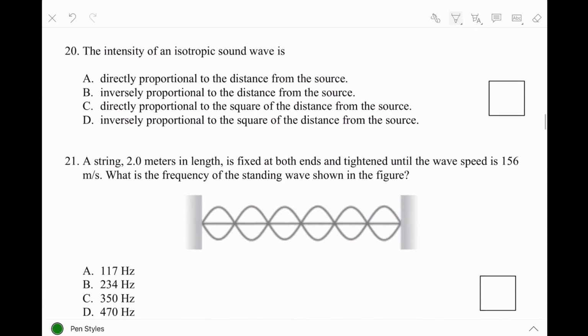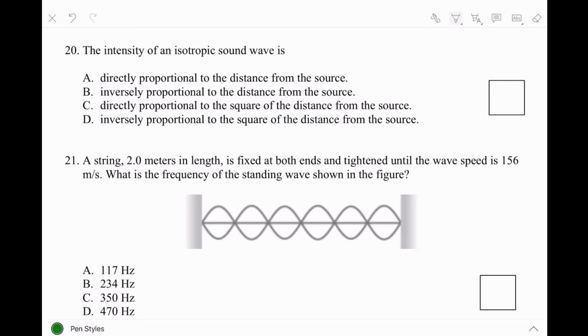Now, number 20, I beg your pardon, I gave you the wrong answer in the answer sheet. So let's look at it. The intensity of an isotropic sound wave. Imagine this is a point source, and it spreads its intensity over a sphere. You want to know, for each unit area, how much energy per second. This is the definition of intensity.